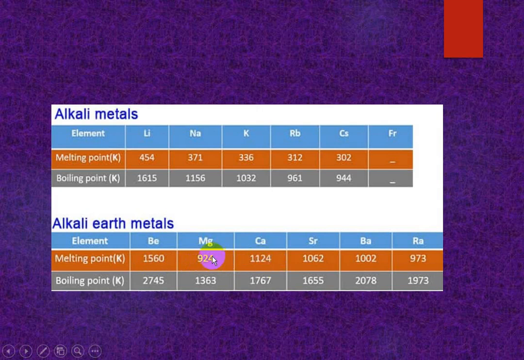Look, there is magnesium and calcium, and there is an exception. The trend is increase, then decrease, then increase, then gradually decreases. Calcium increases. It should decrease, but calcium, why? Because here the electron is filled maybe.